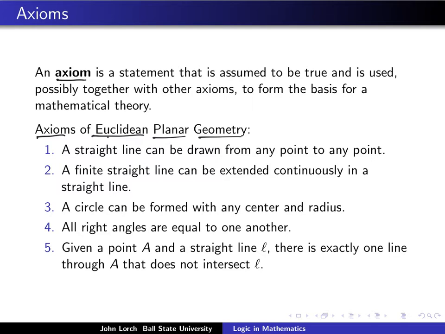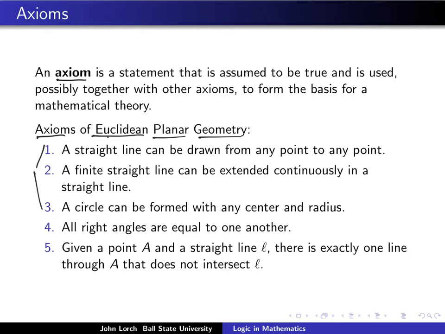So axioms 1, 2, and 3 are certainly reasonable because we know about straight edges and compass, right? If you have a straight edge, you can undertake axioms 1 and 2, and if you have a compass, you can undertake axiom 3.